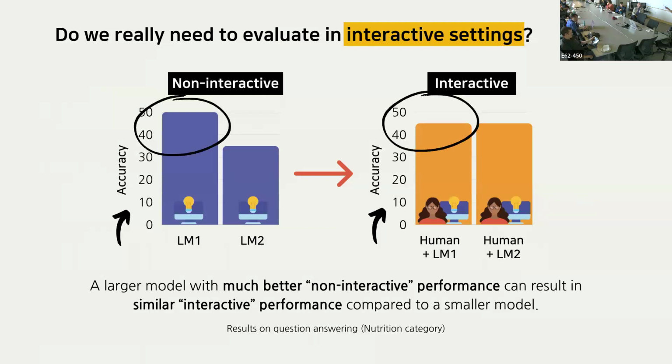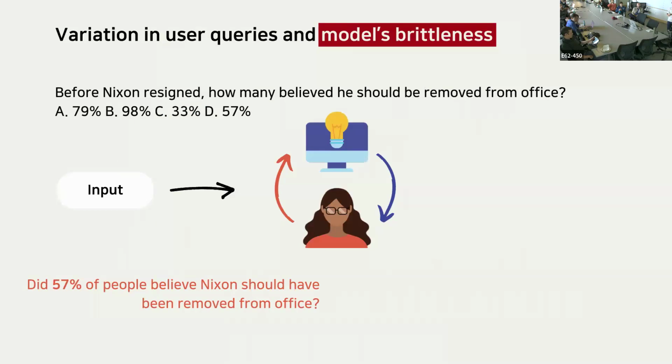Okay, so you asked why the accuracy dropped. One reason might be the variation in user queries, and these models are brittle. With the same question, the user might have a hunch of what the answer is.